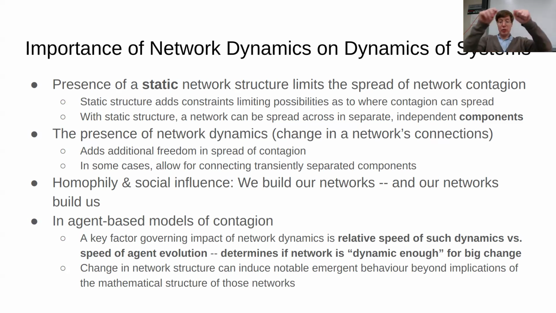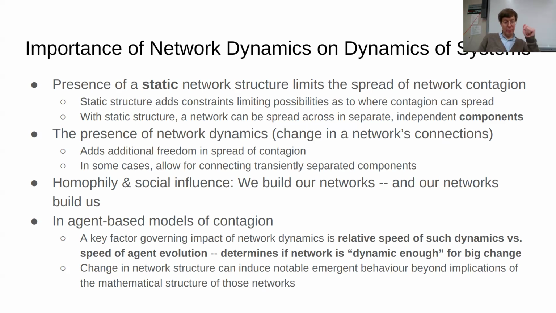But instead, they were circulating to workplaces, and those workplaces were cohabited during the day by people from other households who brought it home to households, and it connected, right? The presence of network dynamics adds additional freedom in the spread of connection. It can allow for connecting transiently separated components, components that you wouldn't think are connected but are indirectly connected.